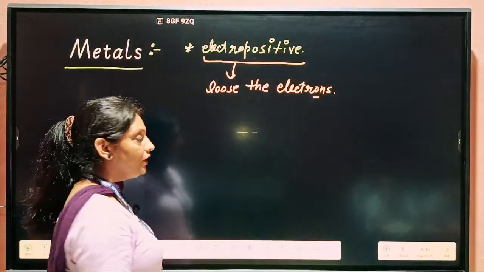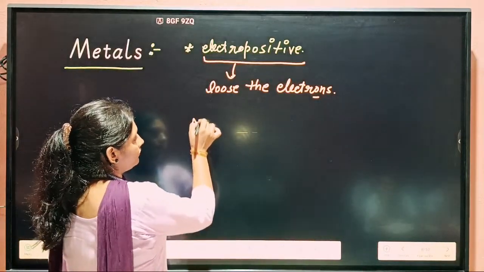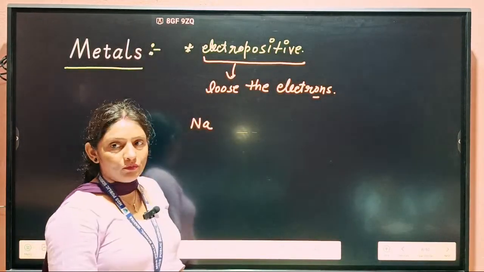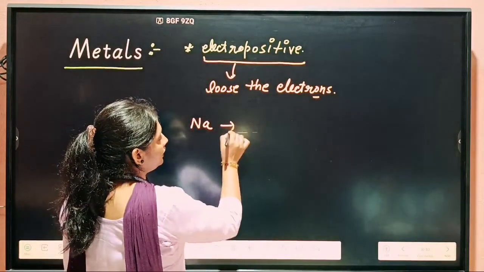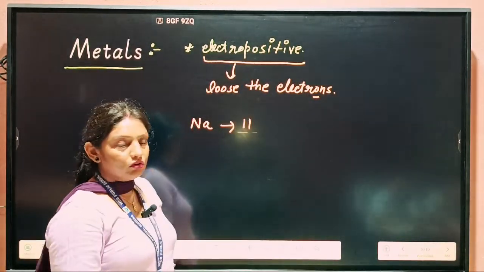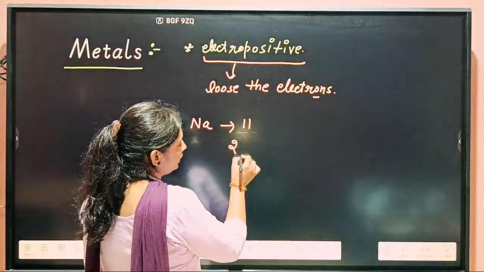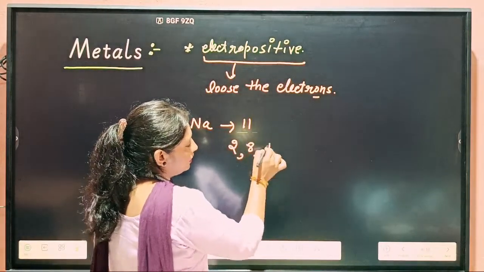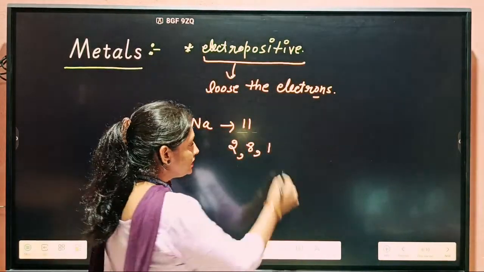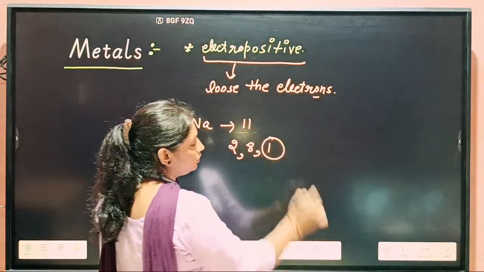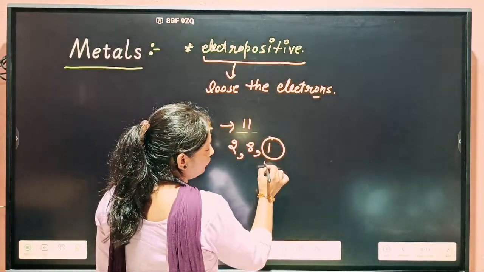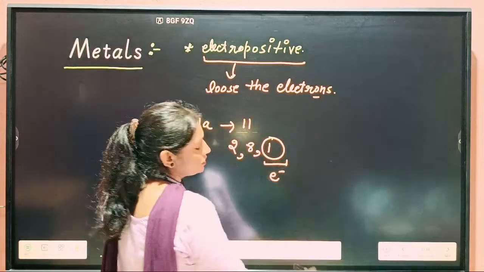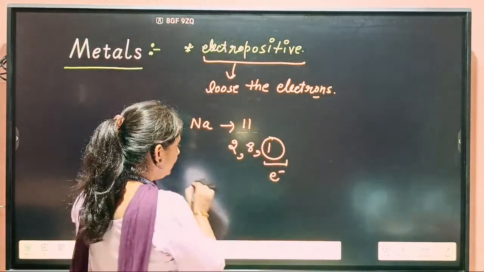For example, if I talk about sodium, what is the atomic number of sodium? It is 11, so the configuration is 2, 8, 1. So students, it has a tendency to lose one electron from its outermost shell. Why?